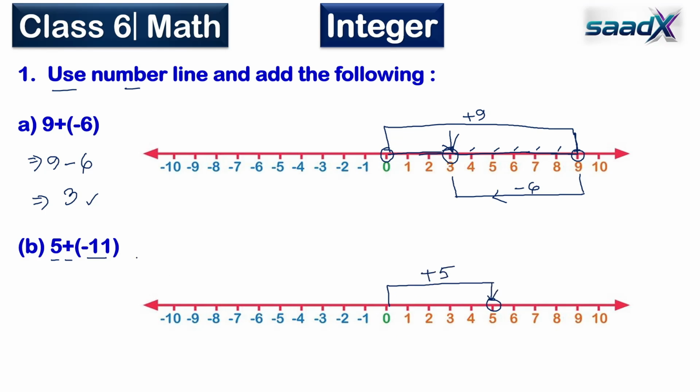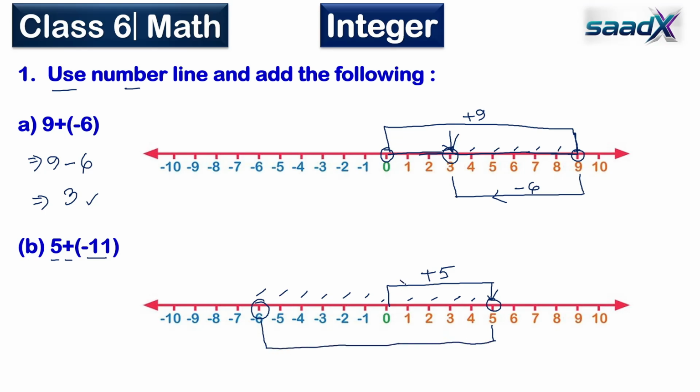Now we will add minus 11. So 1, 2, 3, 4, 5, 6, 7, 8, 9, 10 and 11. So here is minus 6. So from here to here is a minus 11.